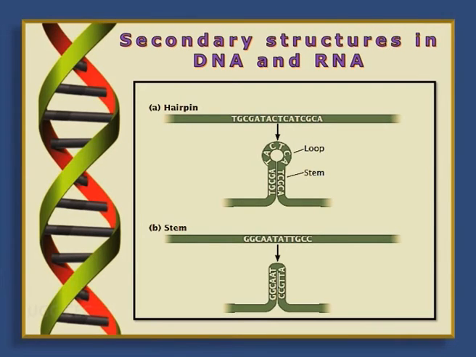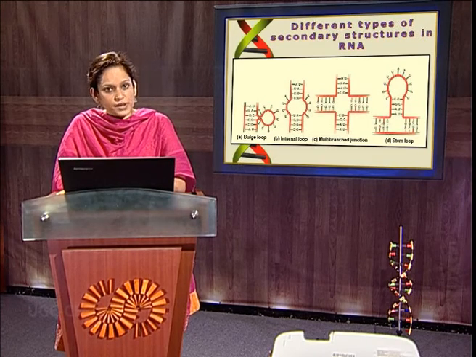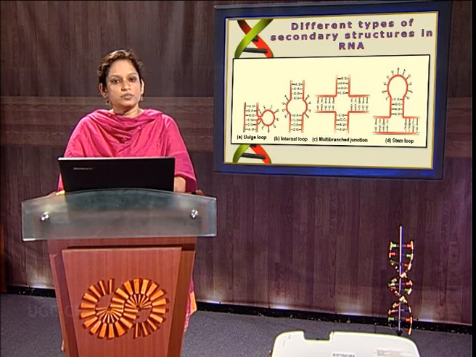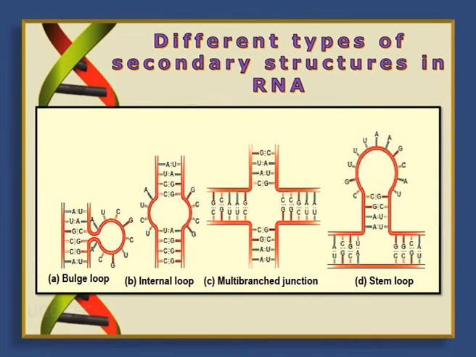It helps in regulation of gene expression, and it is also an important structural motif of the secondary structure of RNA. Apart from this hairpin, there are other secondary structural motifs such as the bulge loop, internal loop, multi-branch junctions, and the stem loop. All of these are formed by the folding of the primary structure, bringing close the complementary sequences present in the single-stranded RNA.